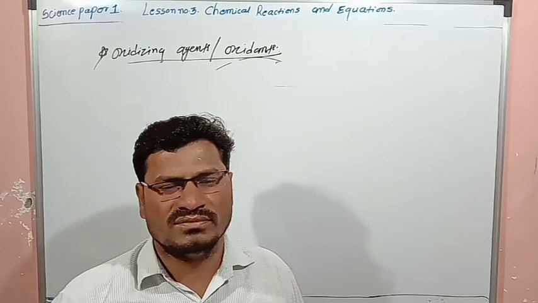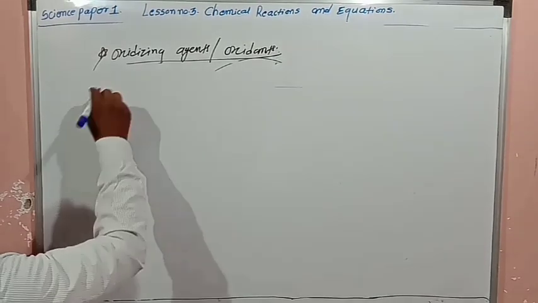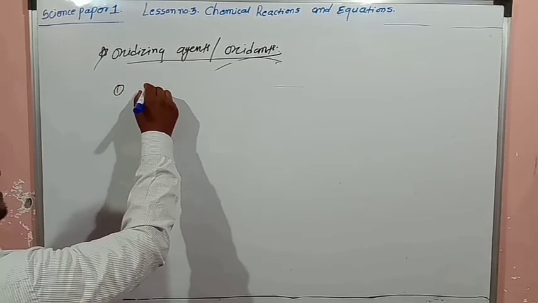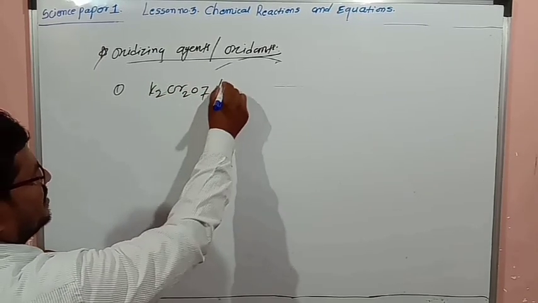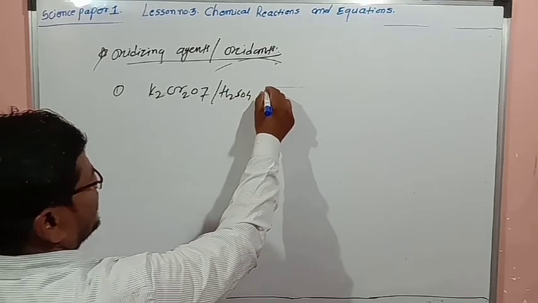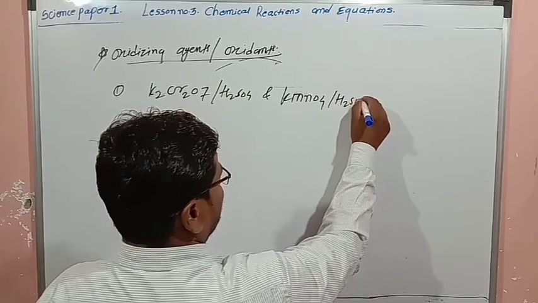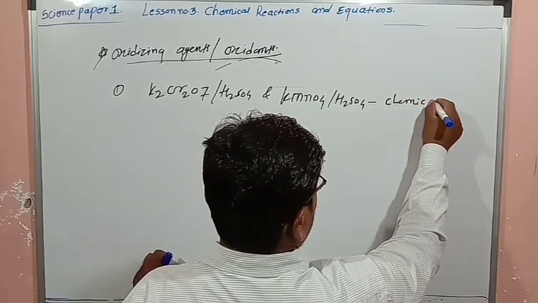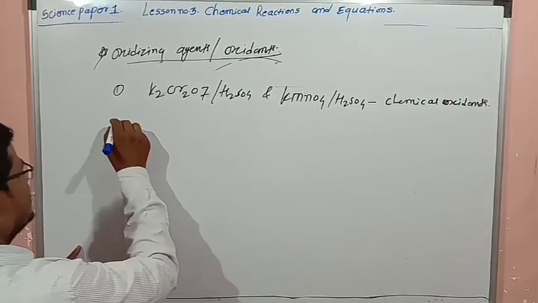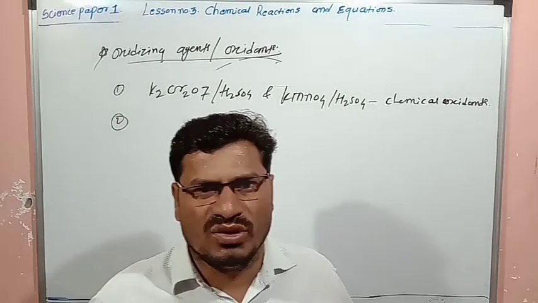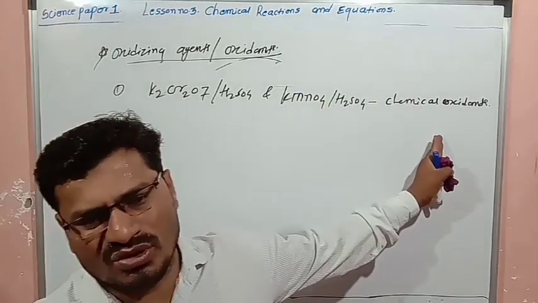Then ozone, and last one is MnO2. K2Cr2O7 in H2SO4 and KMnO4 in H2SO4 are chemical oxidants, and these are commonly used oxidants.